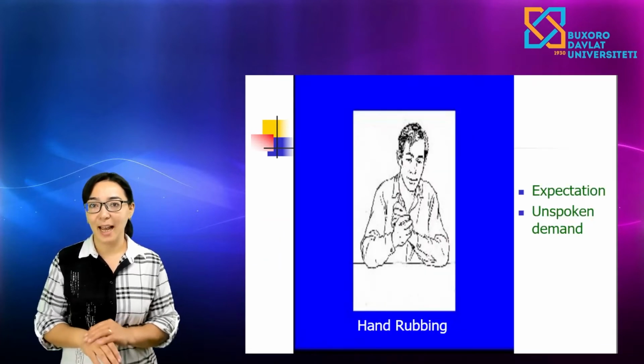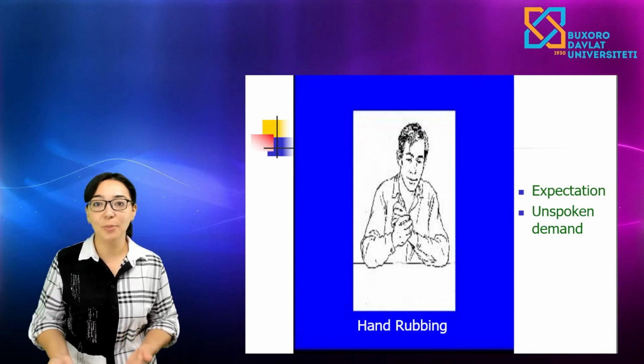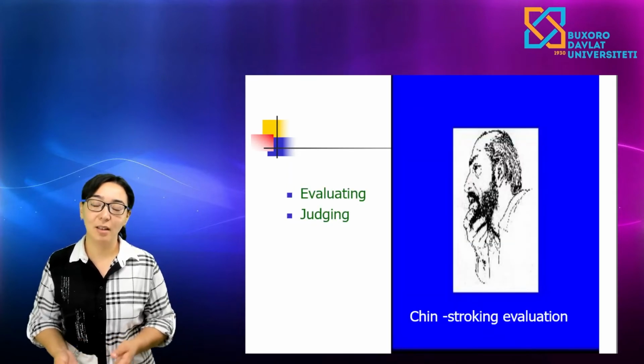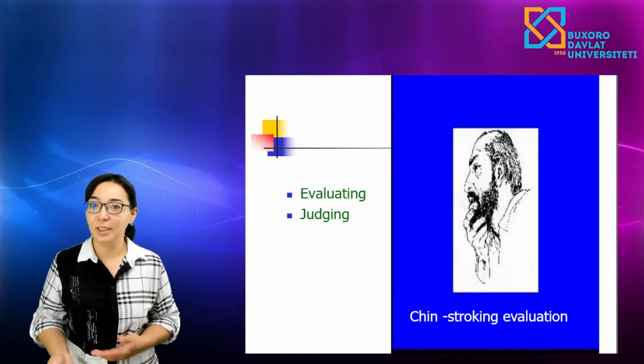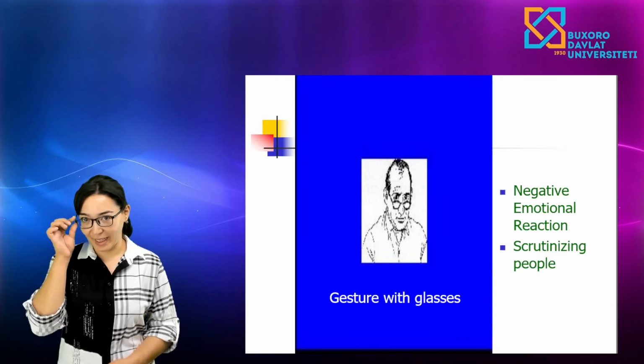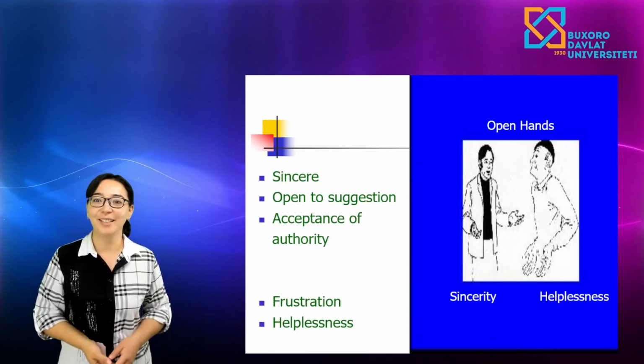Hand wringing: this kind of body language refers to expectation or unspoken demand. Chin stroking, evaluation: they are just elements of evaluating and judging body language. Gesture with glasses like that shows negative emotional reaction and scrutinizing people, of course.